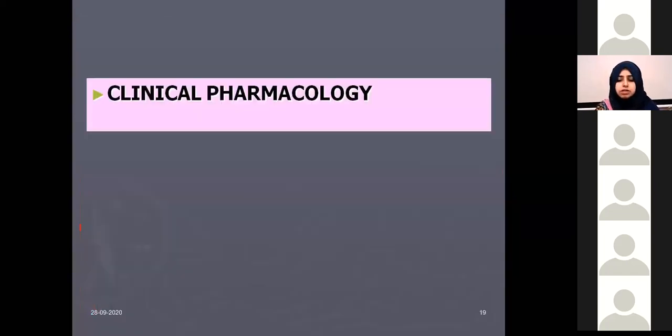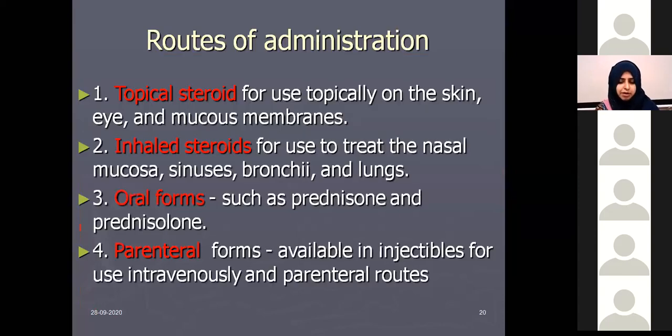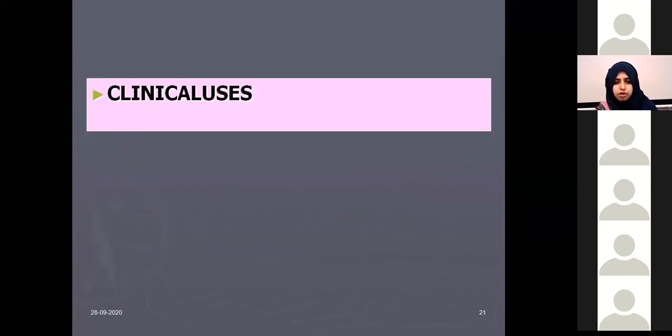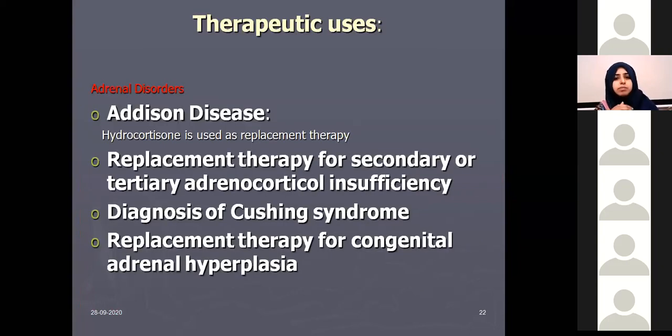Let's talk about something related to pharmacology. Which types of preparations are available? It is available as topical steroids, in inhaled form, oral form, and parenteral form. Now let's talk about the clinical uses. We have divided the therapeutic uses into adrenal disorders and non-adrenal disorders.